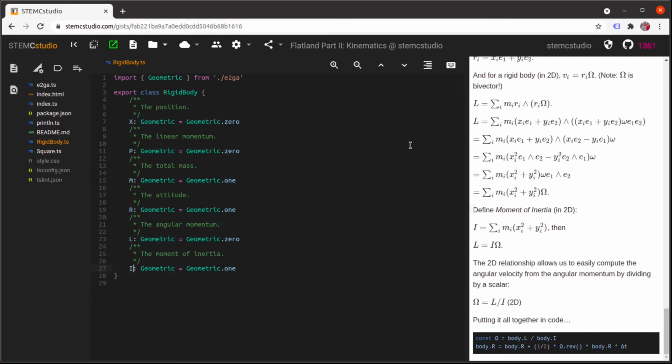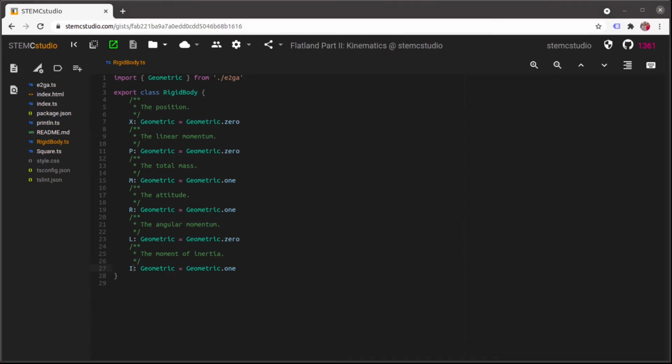It often happens that we use the same symbols, can't be helped, but this is a good symbol to use for the moment of inertia. So we've got the angular momentum, and the moment of inertia.